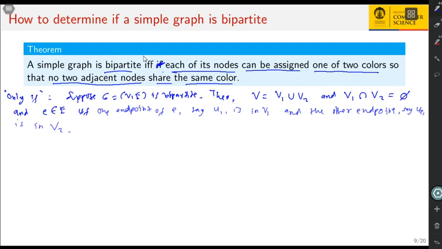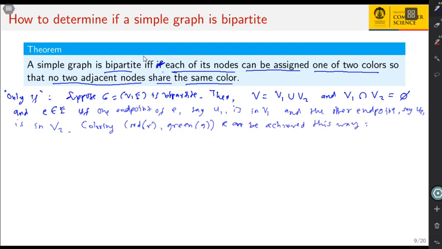So u1 is in V1 and u2 is in V2. Now, if this is the case, then we could color them, right? So coloring, say red and green, can be achieved this way.